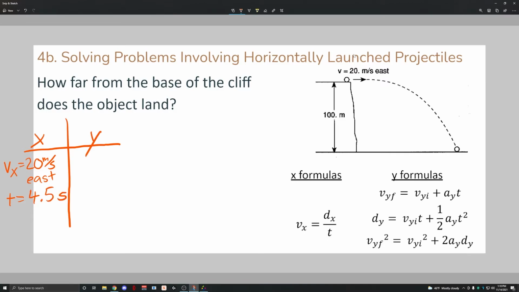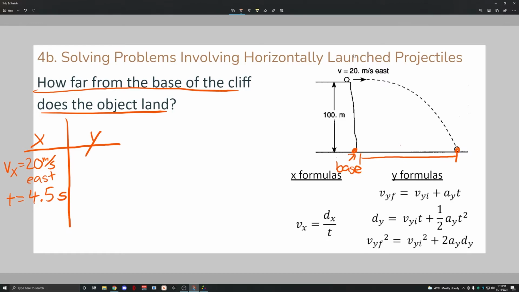And y, we don't care about y yet. The question is asking how far from the base of the cliff the object lands. The base of the cliff is over here. This is the base of your cliff.